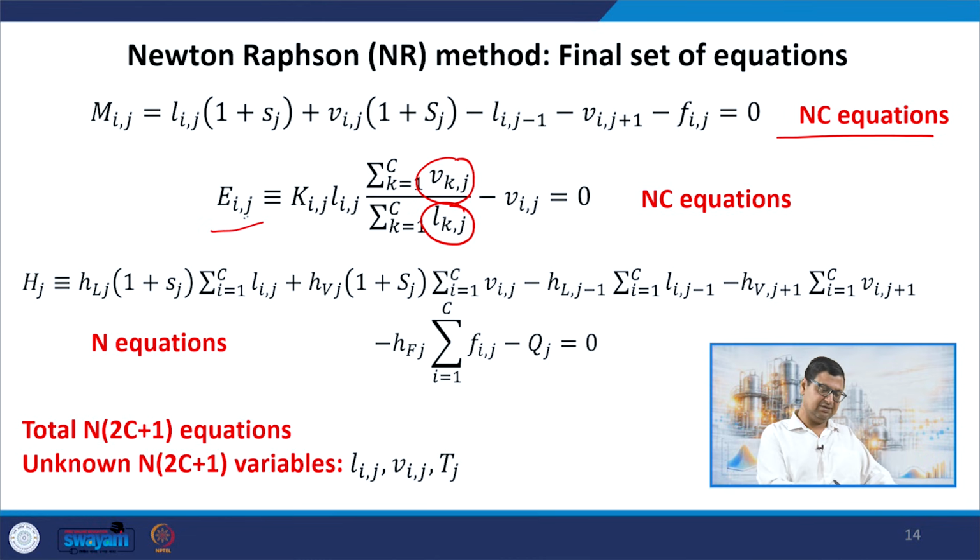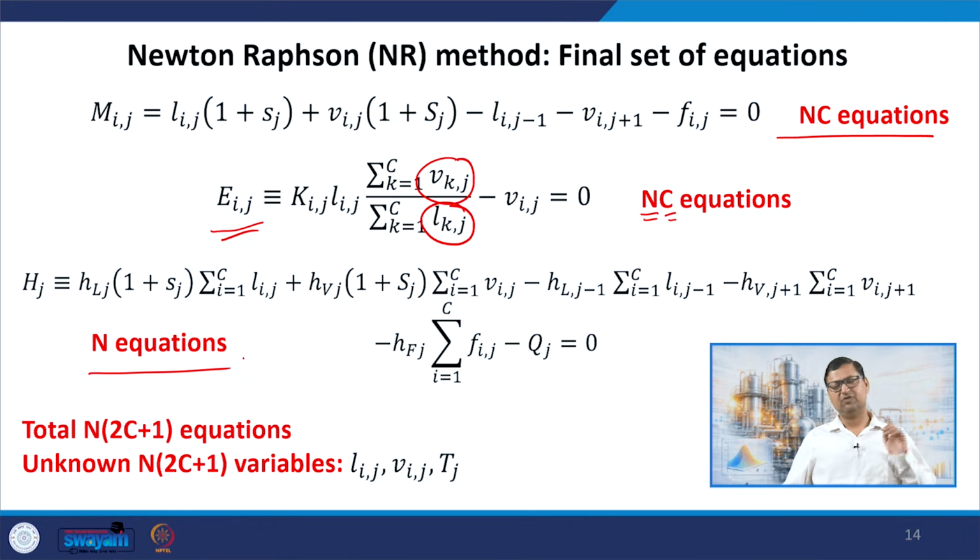I rewrote the E equation. Again we have N stages, C components, total NC equations, and then we have N equations of energy balance, one for every stage. So in total we have N into 2C plus 1 equations.